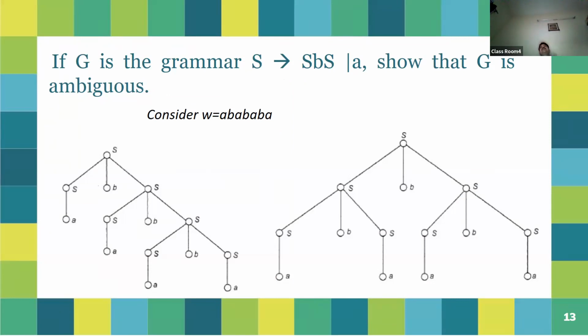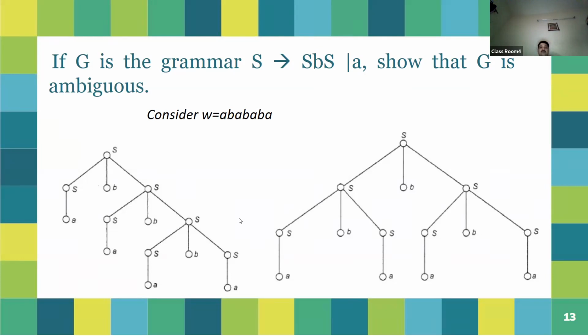So we will try to eliminate the ambiguity if it persists in the given grammar. So the next topic will be removal of ambiguity from the grammar. You can note down this topic, removal of ambiguity in the grammar. And tomorrow we will discuss a left recursion method to remove the ambiguity from the grammar.